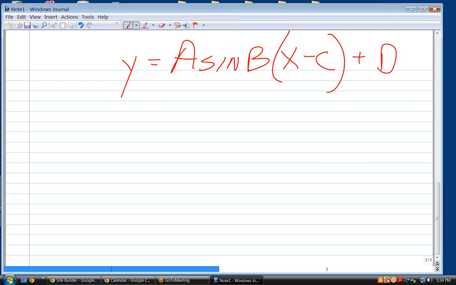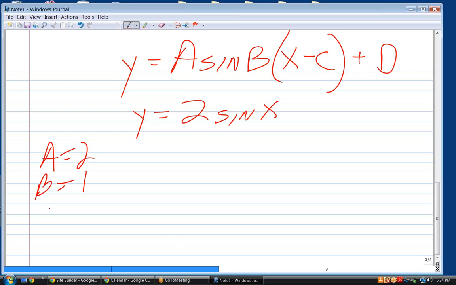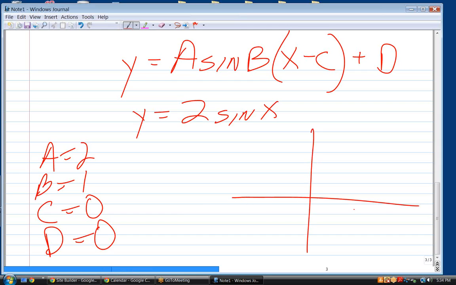Okay, well, that actually ties into this equation here. In other words, if I gave you the equation y equals 2 sine of x, A is 2, B is 1, C is 0, and D is 0. And you plot this, it's just a vertical stretch.